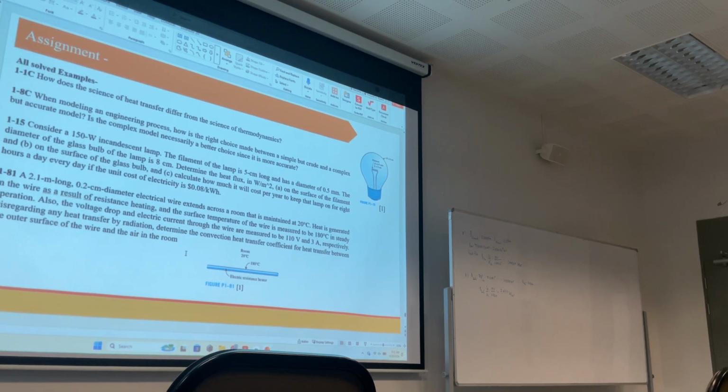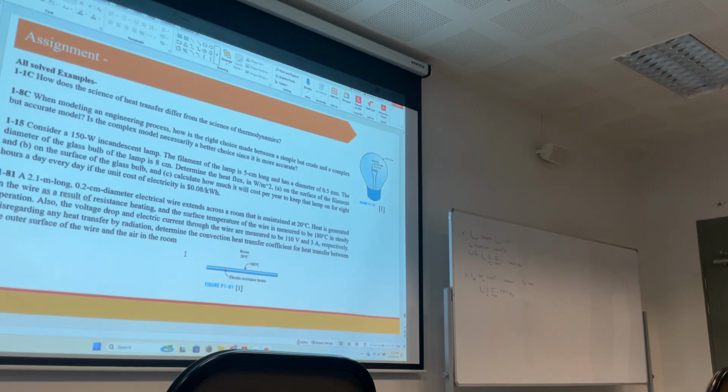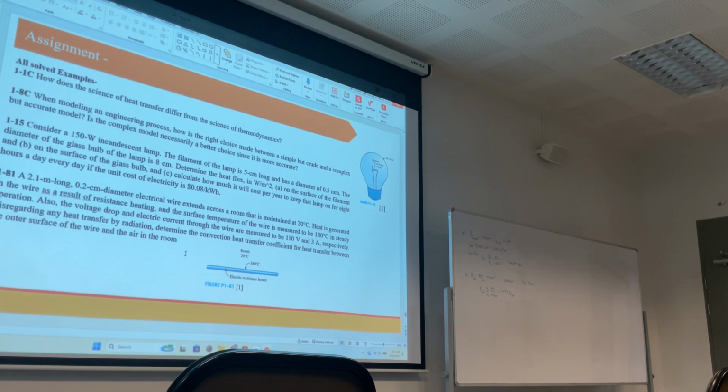Right? You understand what the difference is? Only the area. The filament is a cylinder. If you want to calculate the area of the cylinder, you have to first calculate the lateral area, right?